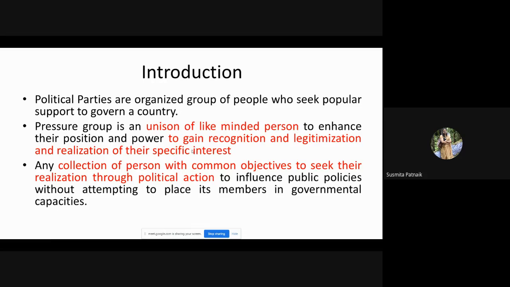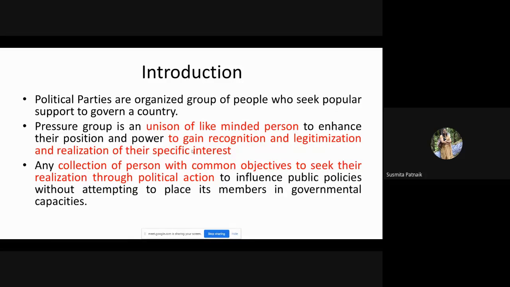They only influence public policy, but they have no interest in taking a seat in the legislature or the executive. They do not want any post as executive or member of the legislature in our political system. They have one objective: to put pressure upon the legislature in order to get public policy for themselves.